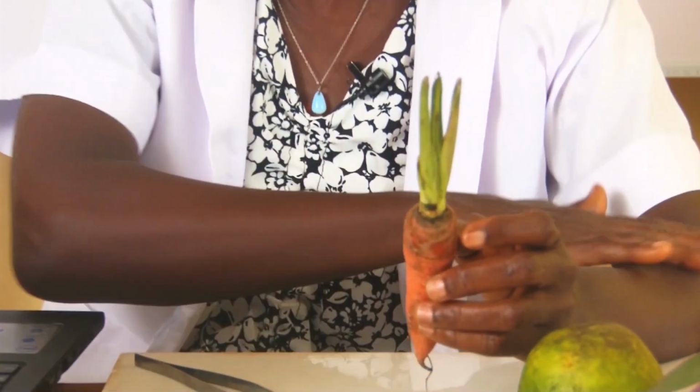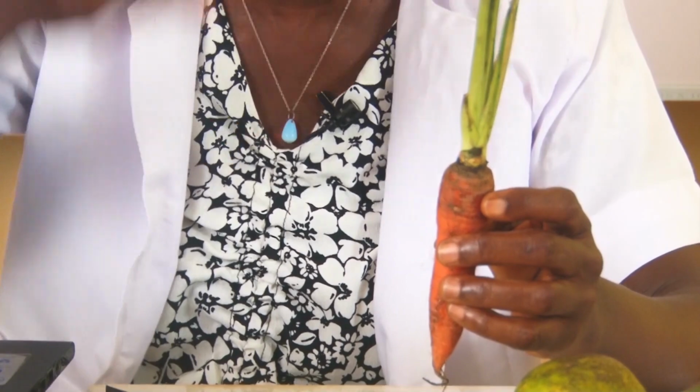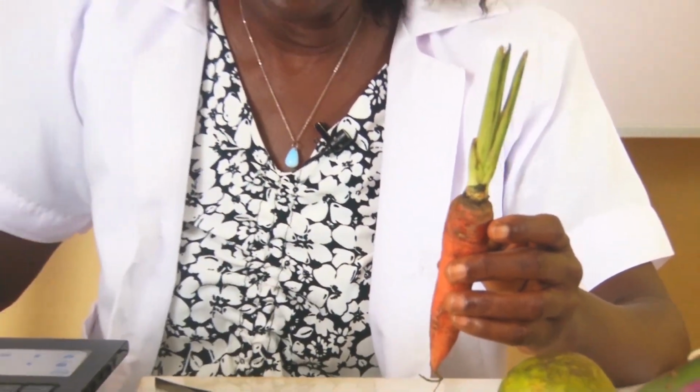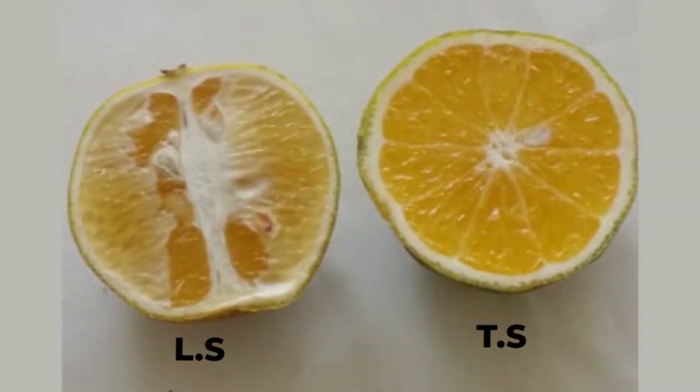For instance, skin, it's difficult to find out what is the length and the breadth. And so you have a vertical section of skin. Right. Now, let's look at the different sections of the fruits, orange fruits.